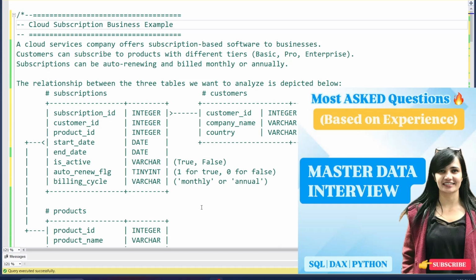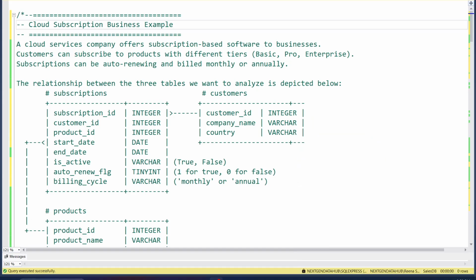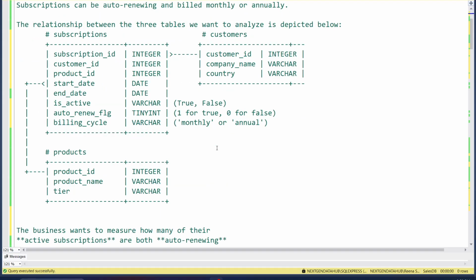Products and customers look like the dimension tables, and subscription is the fact table here. This is what I've seen, especially in Amazon and Meta interviews, they will provide you with a relationship and a sample model.